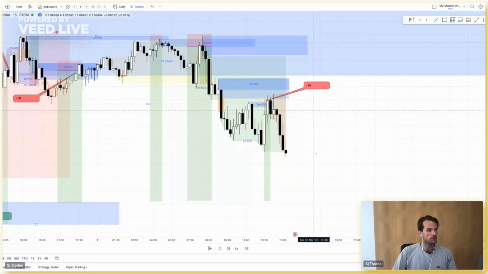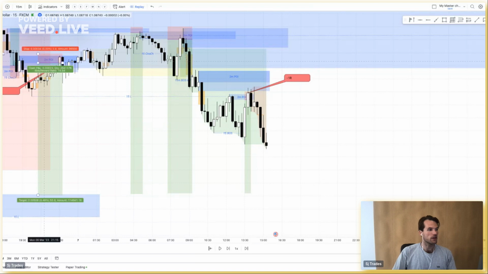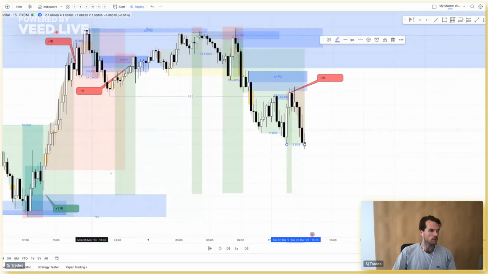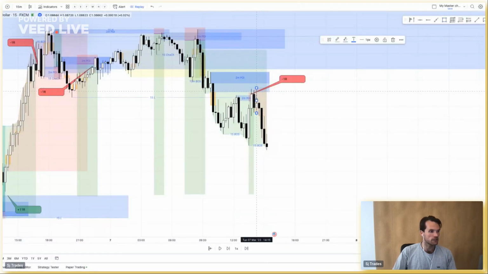Okay, let's keep going. So nice, it's pretty much like I'd say a liquidity grab, and we've broken structure again. Still in the downtrend. I guess, what have we got? 15.